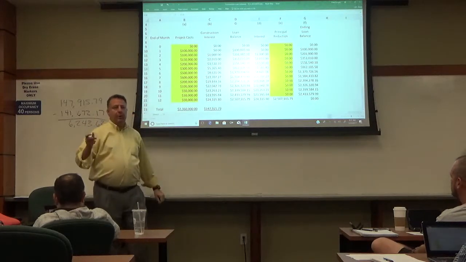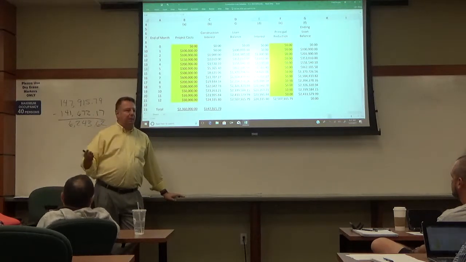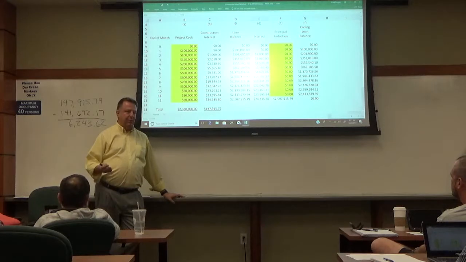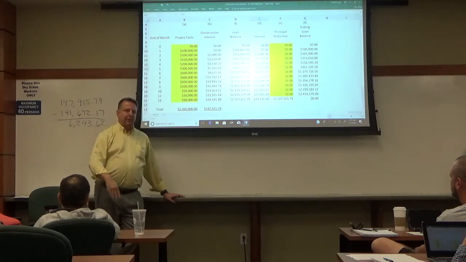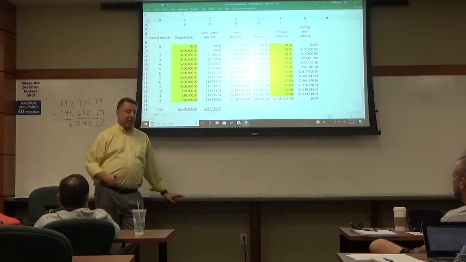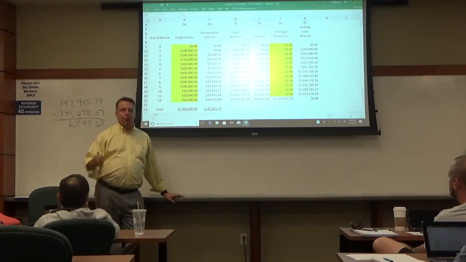Every lender is a little bit different as to how much documentation is required to get the draws. In some cases, if you've been working with a lender time and time again, you simply submit the invoice and it's an instant release. In other cases, they're probably going to come out and do an inspection to ensure that portion of the work has been done.